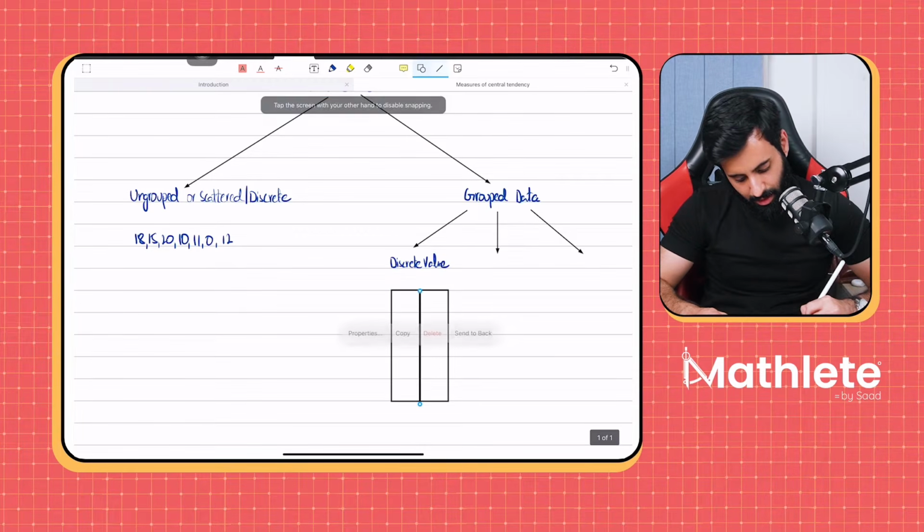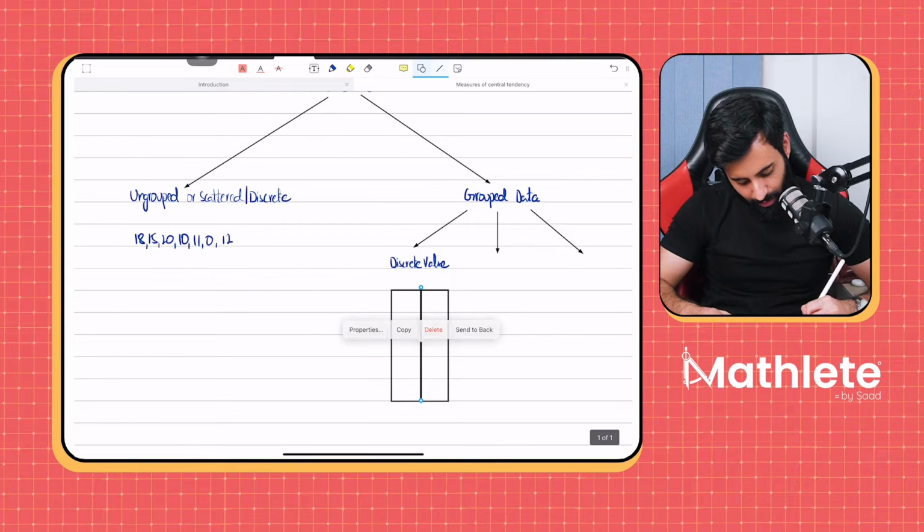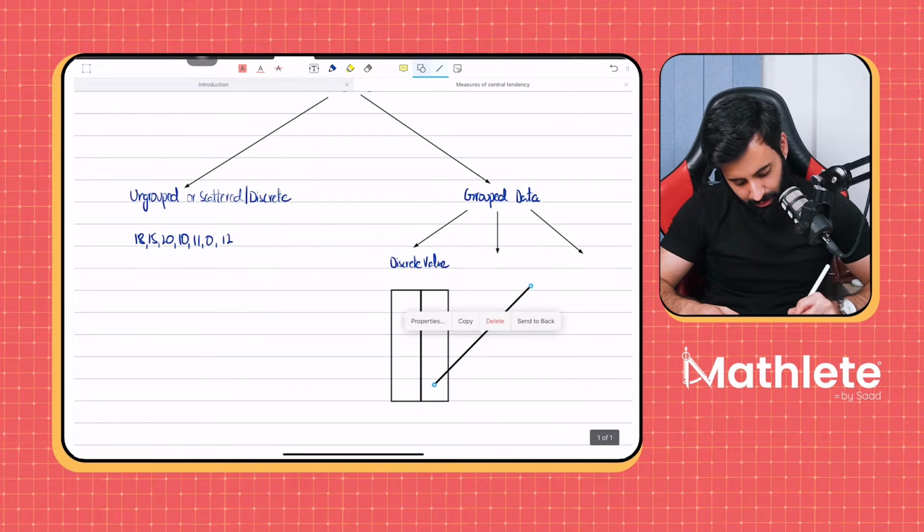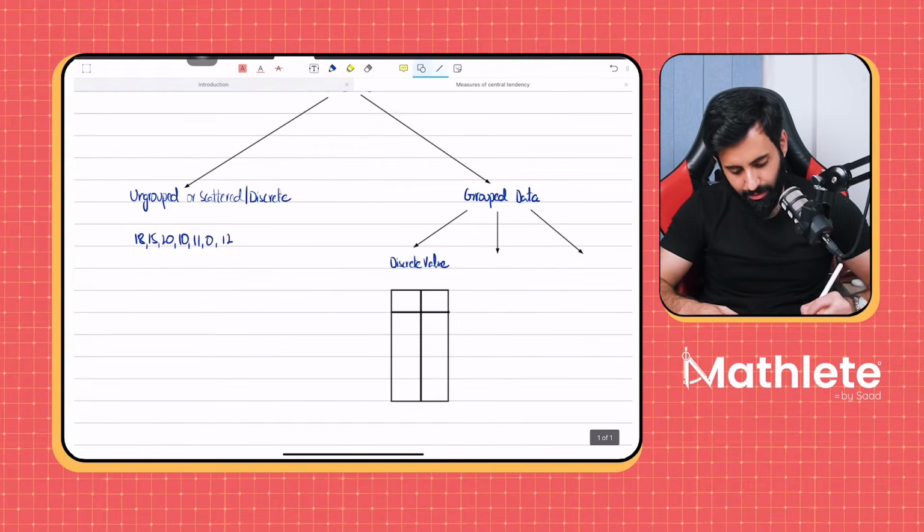And let's say in one column you have x, and in the other column you have its frequency. So x, f. Let's say the frequency of 0 is 4.